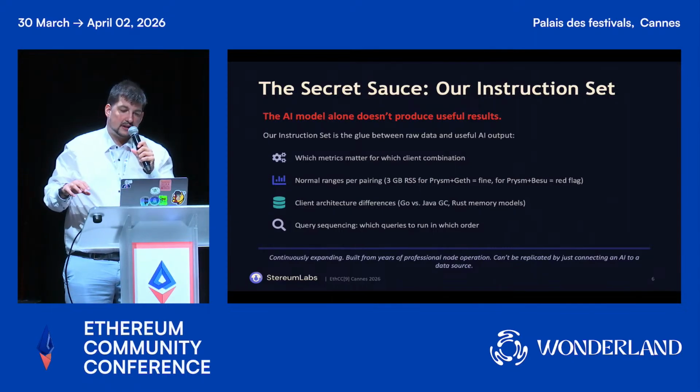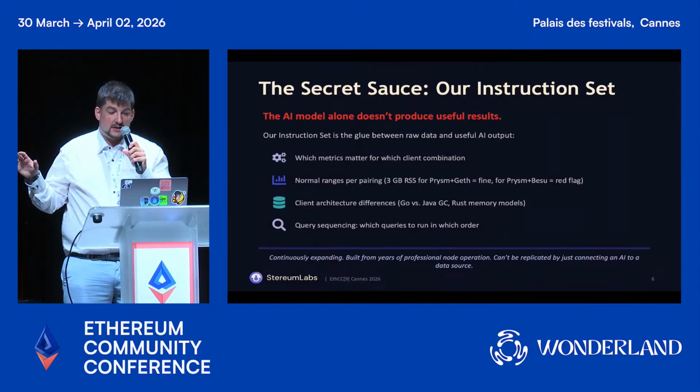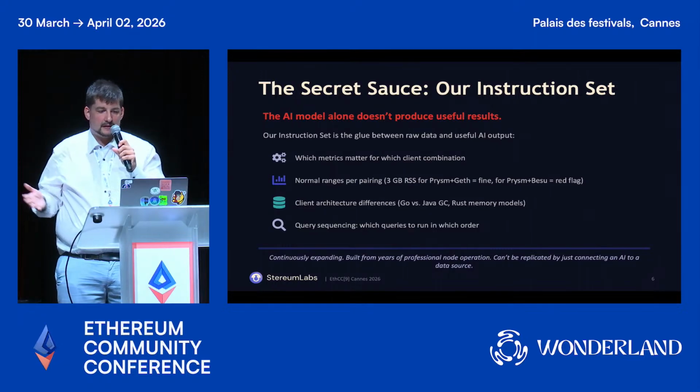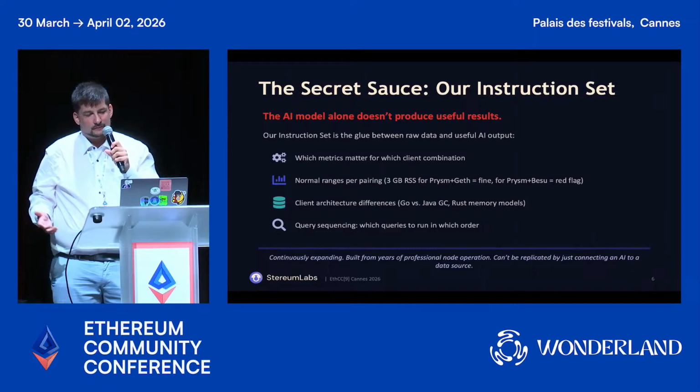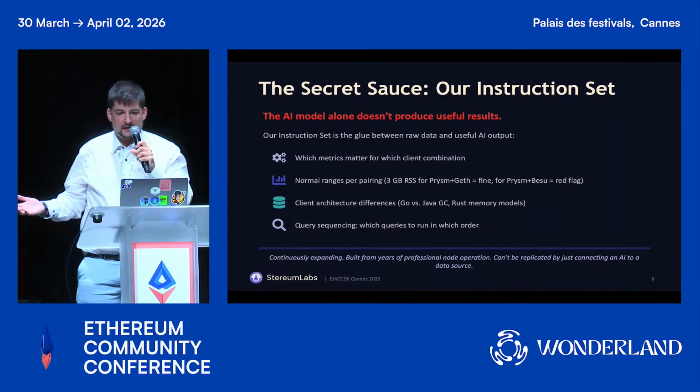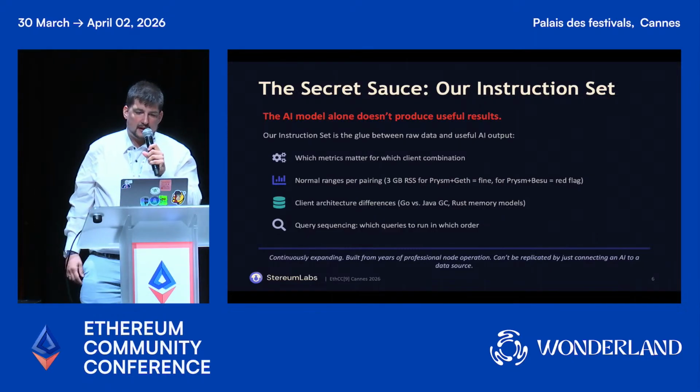We also taught it to see normal ranges for pairings. For example, 3 GB in RSS for Prysm and Geth is just fine. But Prysm and Besu, for example, is a red flag, as you might know.